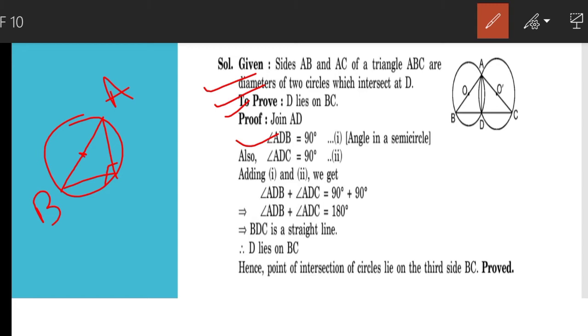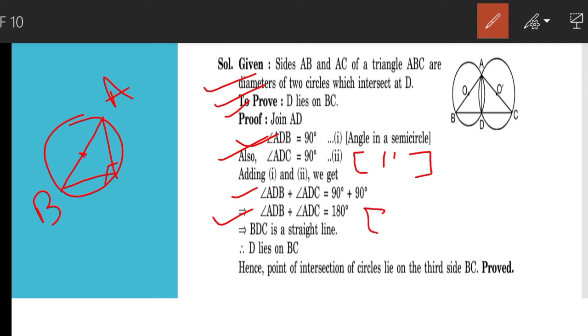Again, if we consider AC, then ADC is also 90, following angle in the semicircle, so the reason is the same. If we add 1 and 2, we get ADB plus ADC equals 90 plus 90. That gives us angle ADB plus angle ADC equals 180.